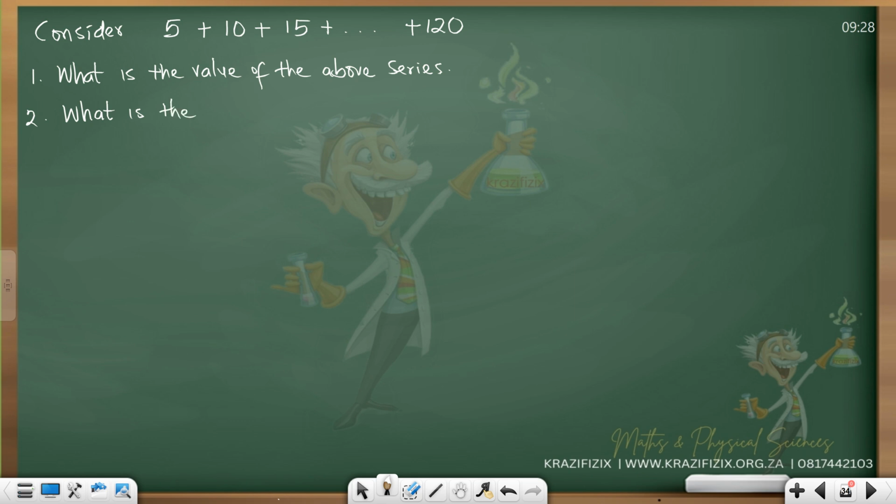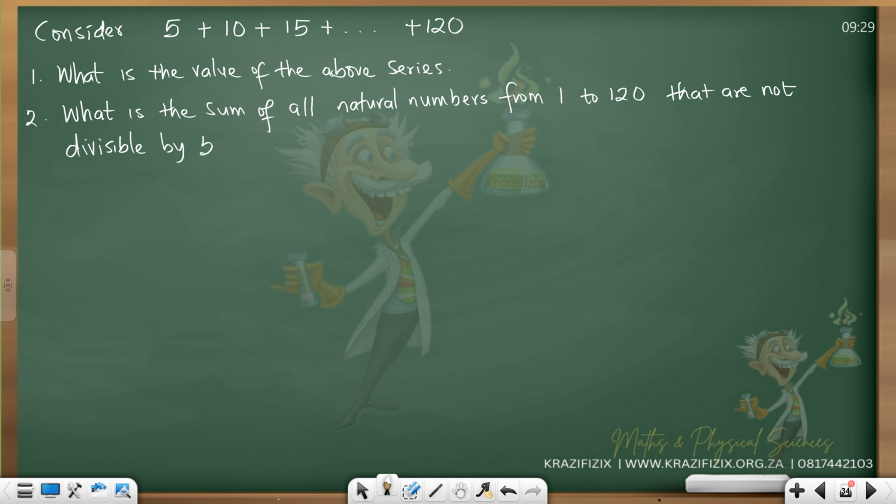What is the sum of all natural numbers from 1 to 120 that are not divisible by 5? This is a very, very interesting question.